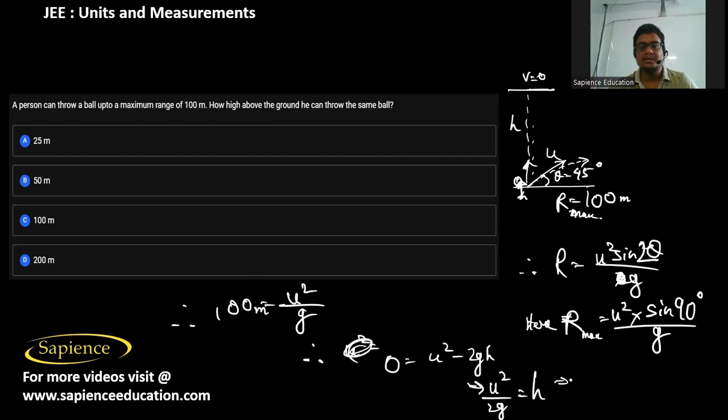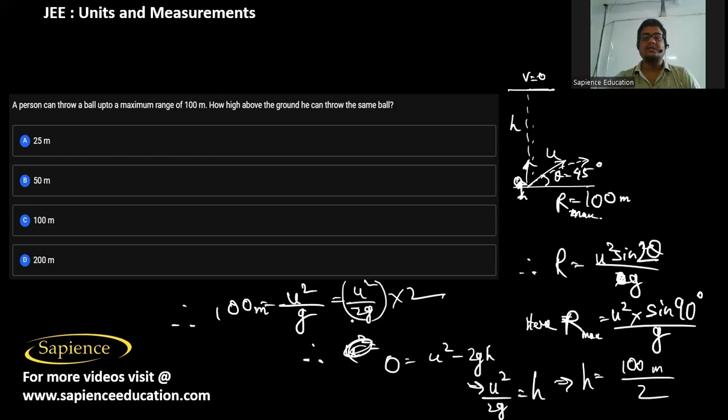So the maximum height is u square by g divided by 2, that is 100 meter by 2, which is equal to 50 meter. Option B is the correct answer.